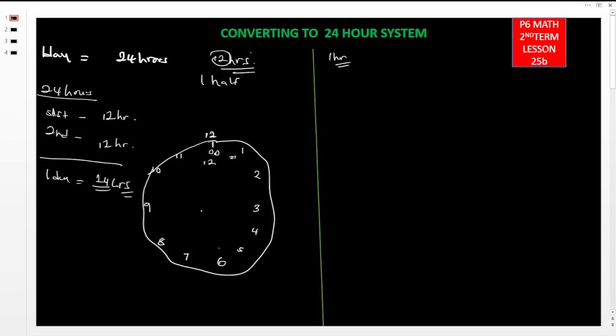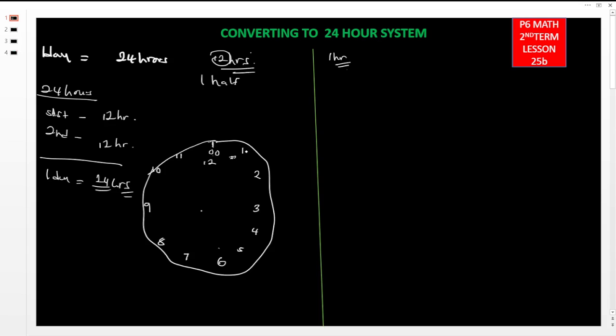It started from 0, then we moved 0, 1, 2, 3, then 12 here. After it has clocked 12, it will not go back to 0. It has to come back to 1.